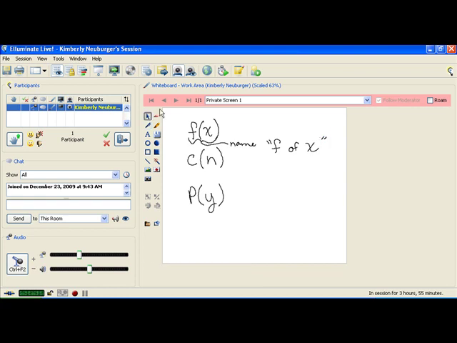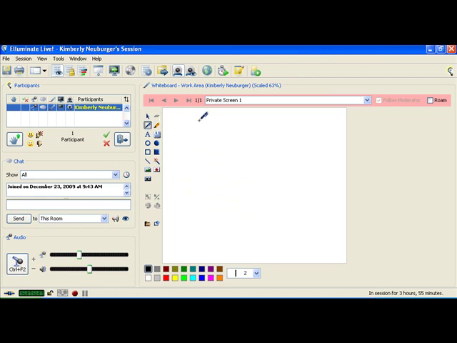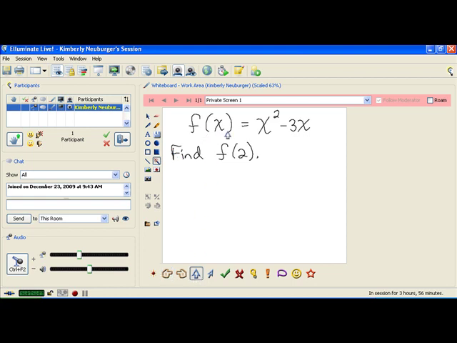So let's take a look at a situation where we have the function notation. Maybe we say that f of x equals x squared minus 3x. And maybe you're told to find f of 2. What that means is to take this function right here and plug 2 in wherever you see x and just calculate out the answer.